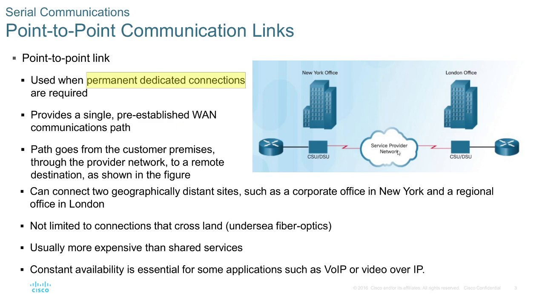It will establish a pre-established WAN communication path between the two remote locations. Between the two remote locations, what we are going to get is this dedicated connection. So even though the path may still go through the service provider network, it will still be a dedicated connection allocated to the particular organization.